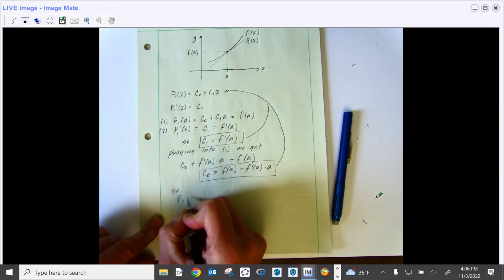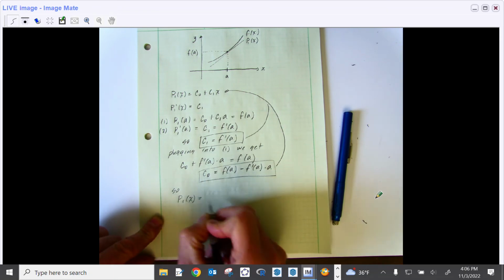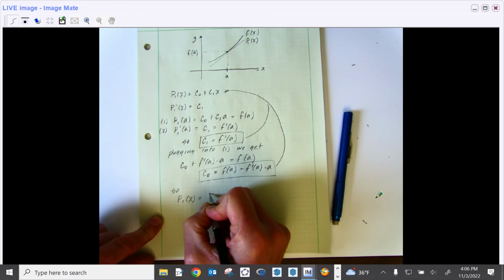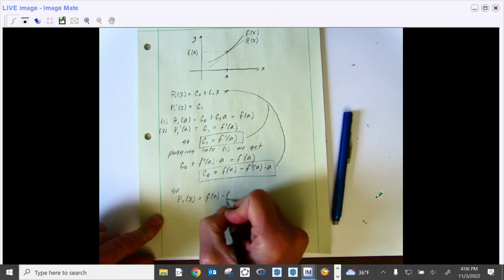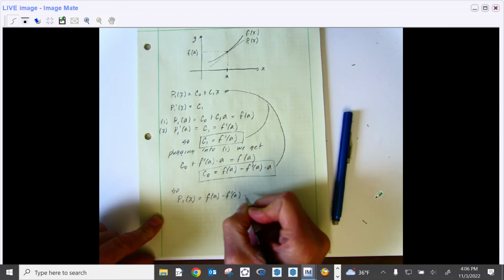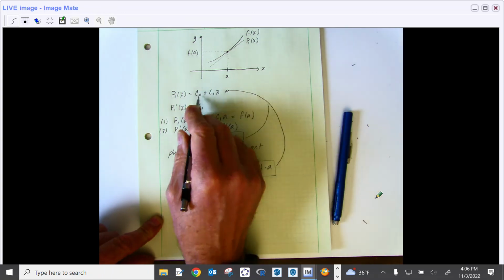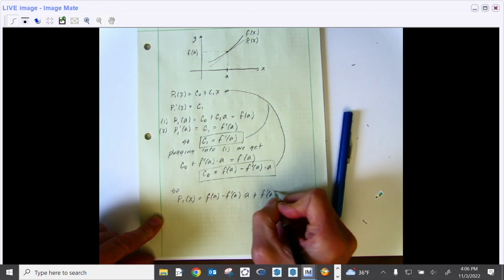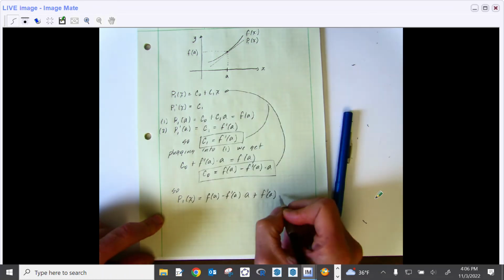So P1, the linear equation, is going to be C0, that's f of a minus the derivative at a times a, that's my C0, plus C1, which is f prime of a times x.